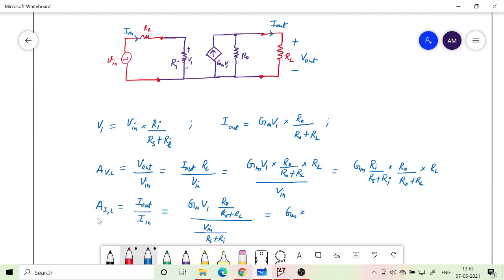We have this, so it is V in into Ri by Rs plus Ri, that is your V1, into R0 by R0 plus RL, and I can multiply with the inverse, so that will be Rs plus Ri divided by V in. So again V in will cancel. Now Rs plus Ri will also get cancelled. Gather up all the remaining terms.